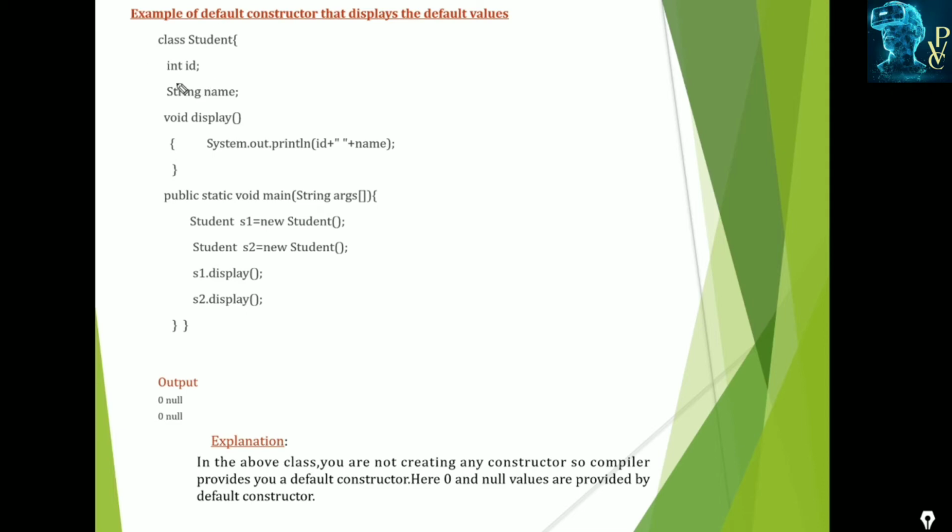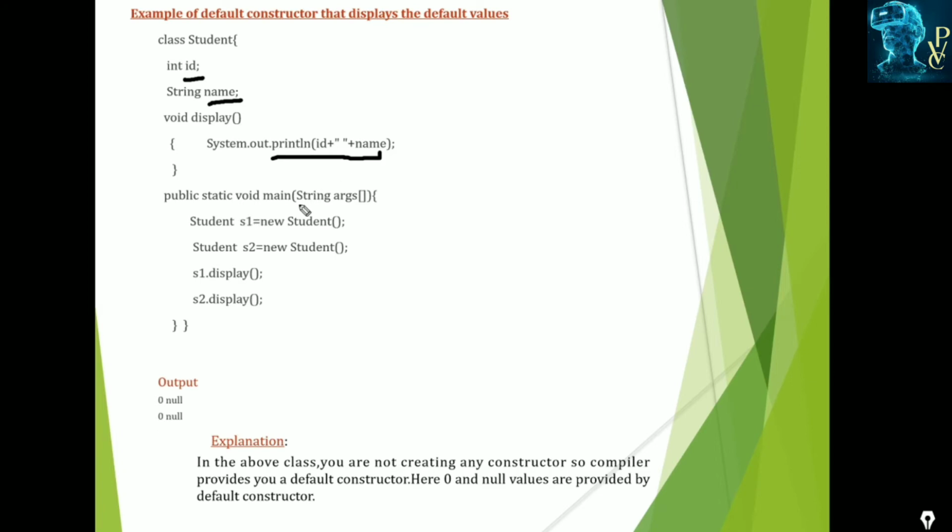One variable is id, which is of integer type, and another variable is name, which is a string. And I am defining a void display method, which does not return any value. By using this method, I am displaying the id and name of the student.